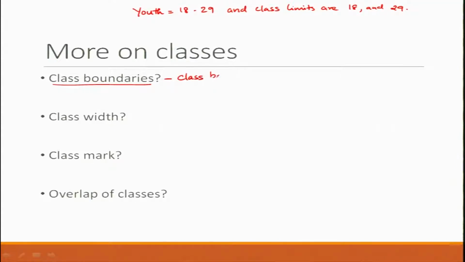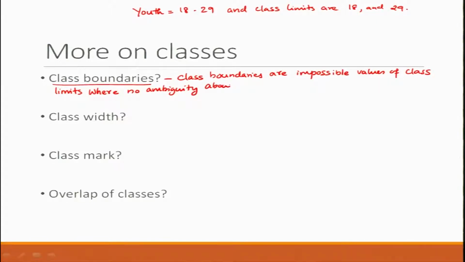Class boundaries are impossible values of class limits where no ambiguity about the membership of a data value in a class exists.